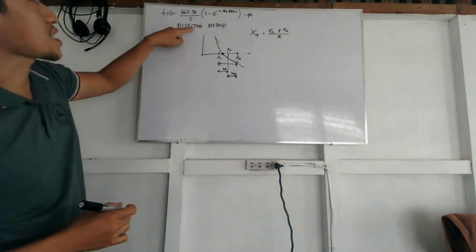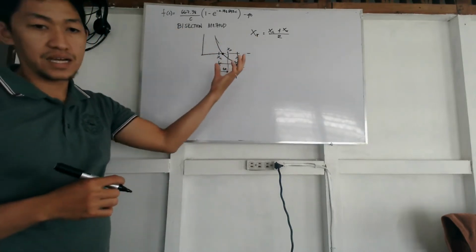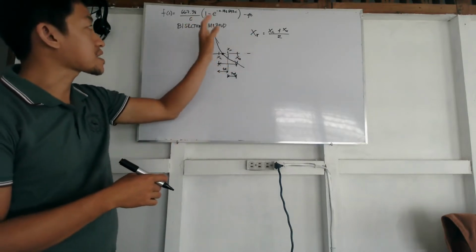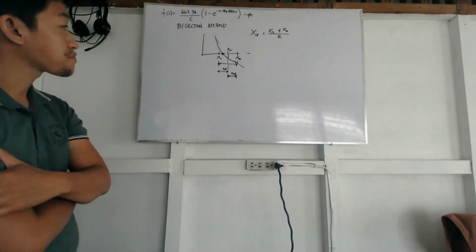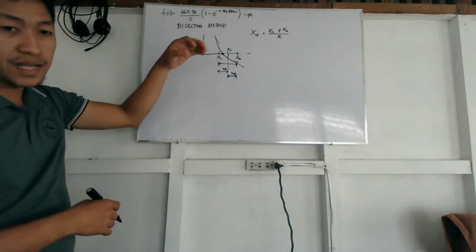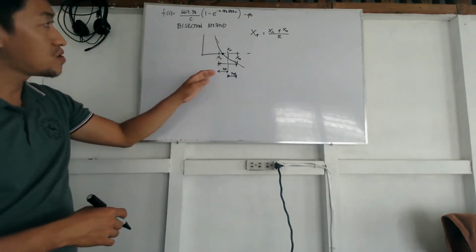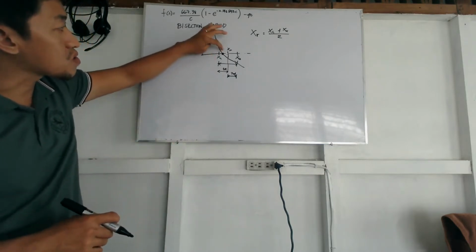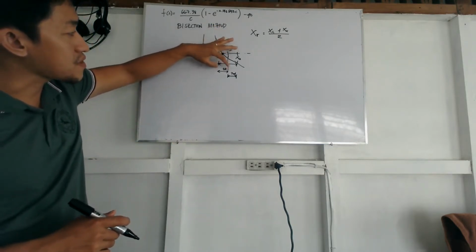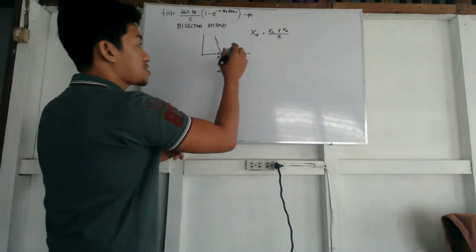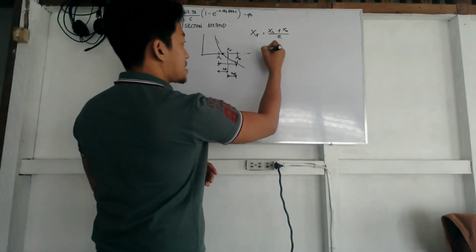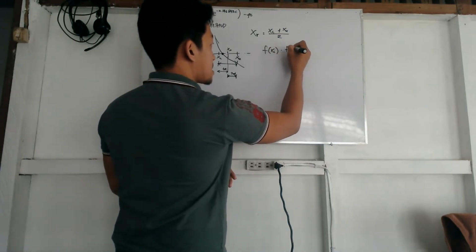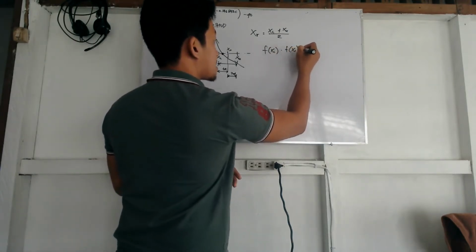That is why it is called bisection, because given an interval, you divide it into 2. You bisect it into 2. Okay? So to know whether your root is in the first or the second, you multiply the value of f of XL times f of XR.